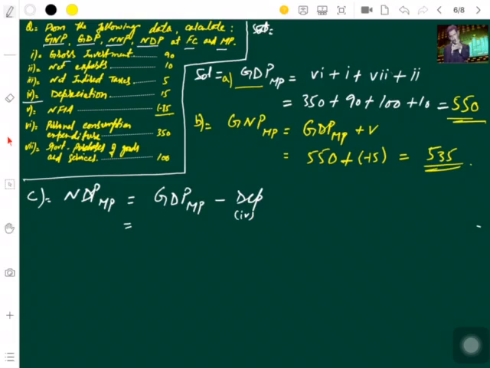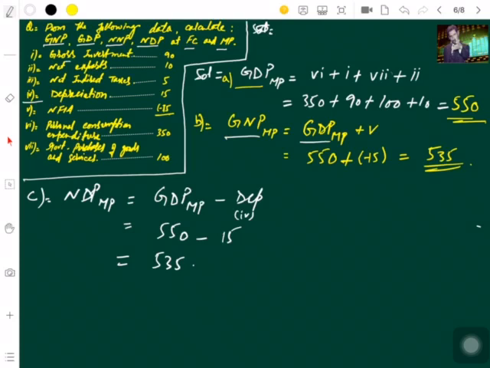Your GDP at MP is 550 minus your depreciation. How much is your depreciation? 15, which is equal to 535.